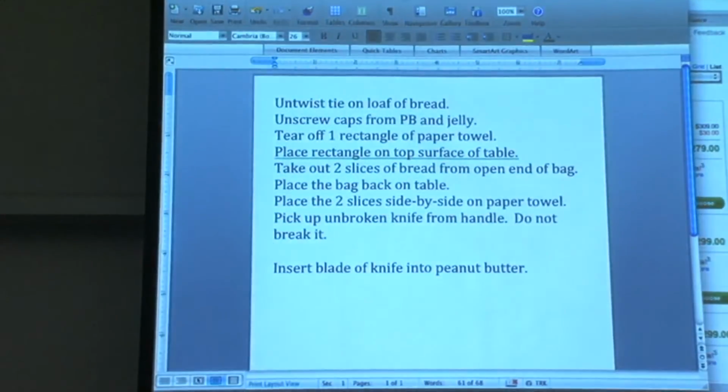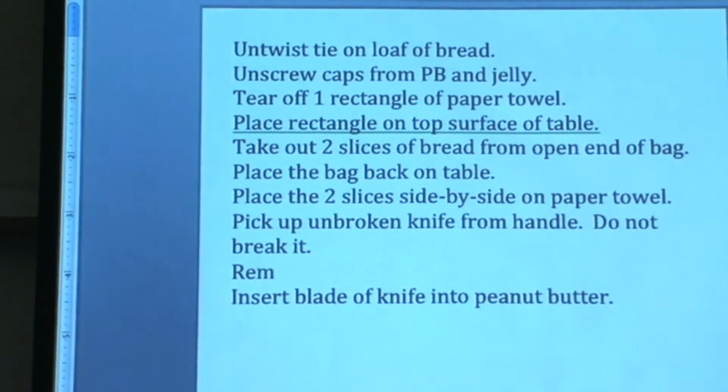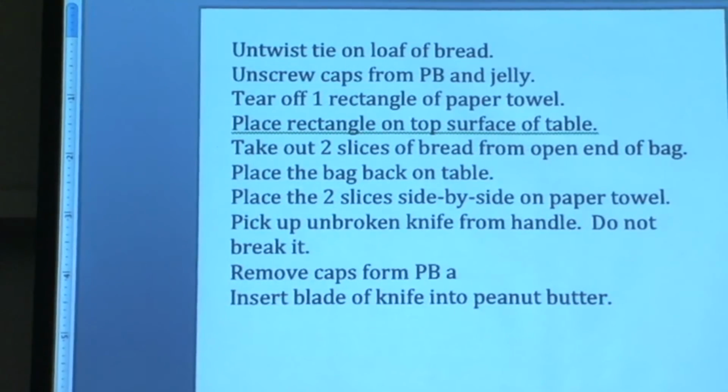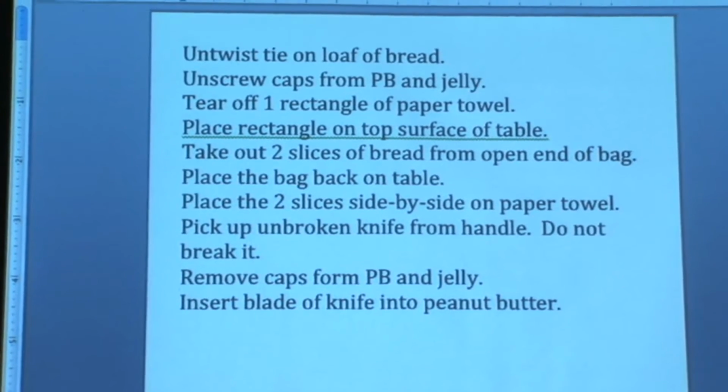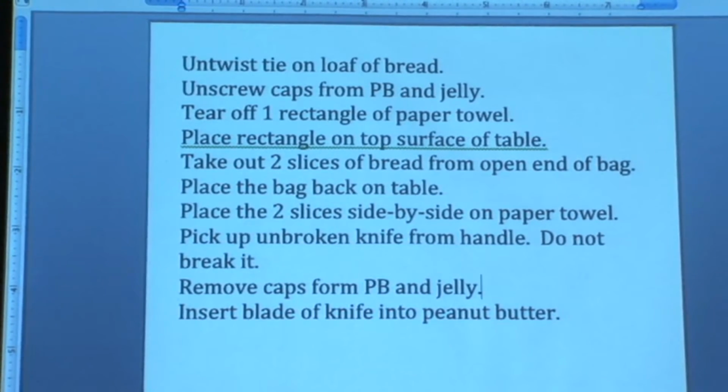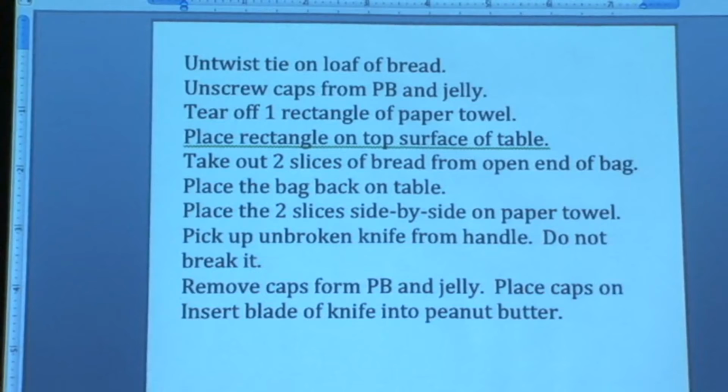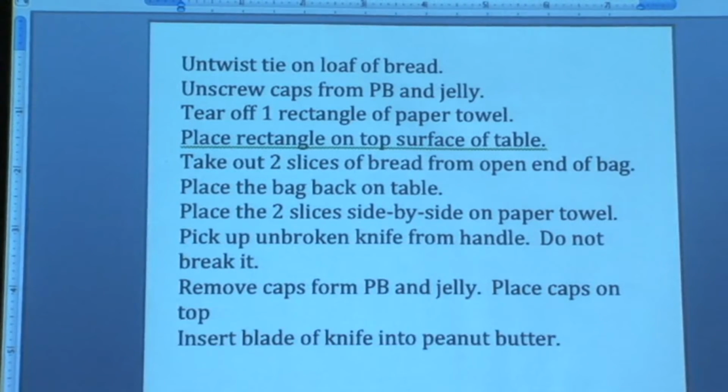I claim there's a bug here. Yeah, so what did we do in step 1? Step 2? So remove caps from PB and jelly, how about? All right. Place caps on top of table.